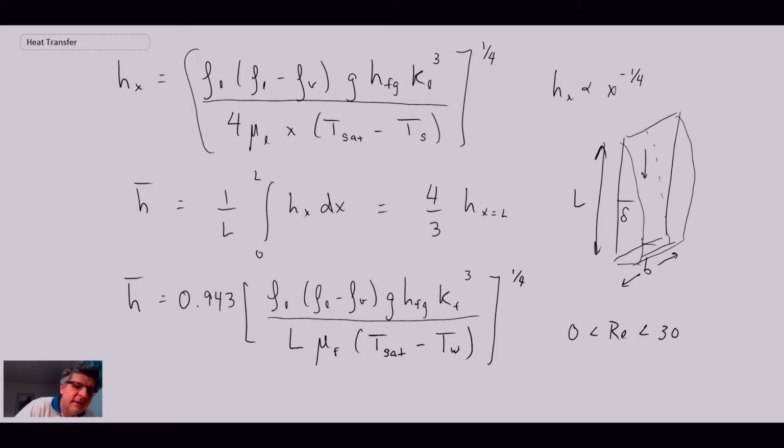You'll notice in here I put F. That denotes that the liquid properties are evaluated at the film temperature. I'll make a comment about that in a moment. Not all of the properties are evaluated at the film temperature. The heat of vaporization is evaluated at a different one, as is the vapor density.